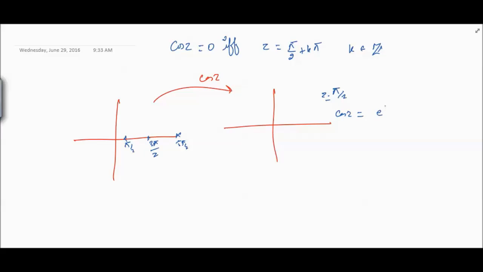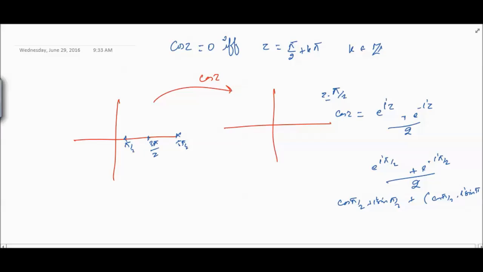Cos of z is equal to e raised to the power iota z plus e raised to the power minus iota z, upon 2. So e raised to the power iota pi by 2 plus e raised to the power minus iota pi by 2, upon 2. What is this? This is cos of pi by 2 plus iota sine of pi by 2 plus cos of pi by 2 minus iota sine of pi by 2, divided by 2. So these things will cancel, and what is this? This is 0, so this is equal to 0.